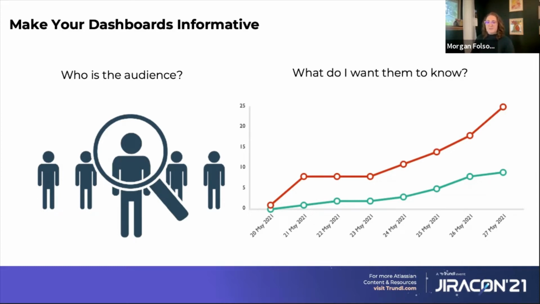A dashboard or a report should clearly communicate a message to the viewer, and that message should be something they care about. It doesn't matter how beautiful your dashboard is if the wrong people are looking at it, or if it's not organized correctly, it just decreases the utility immediately.